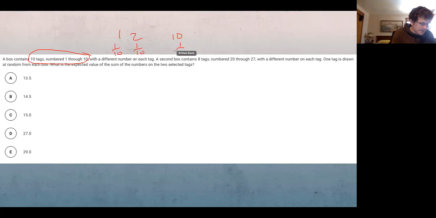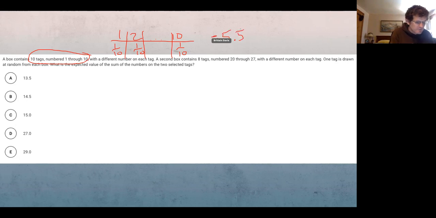So it works out really nicely right here, if you're creating a table, that this is basically just going to be the average. I could do 1 plus 2 plus 3 plus 4 all the way up to 10 divided by 10, and it's going to end up being 5.5.